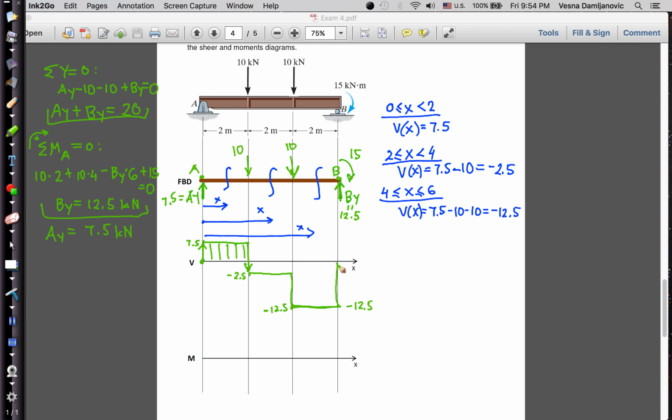And so sure enough, this is minus 12.5. So this is our shear diagram, okay? Where this point here is also minus 2.5. But this amount here is 10. Okay? So this is our shear diagram.